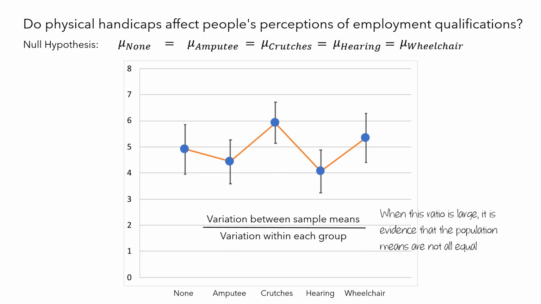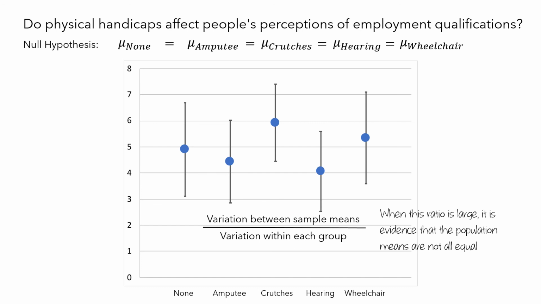So in the example here, when we looked at the amount of variation between the means and the variation within each group and compared these amounts, the variation between was larger, and we had evidence that the population means were not all equal.